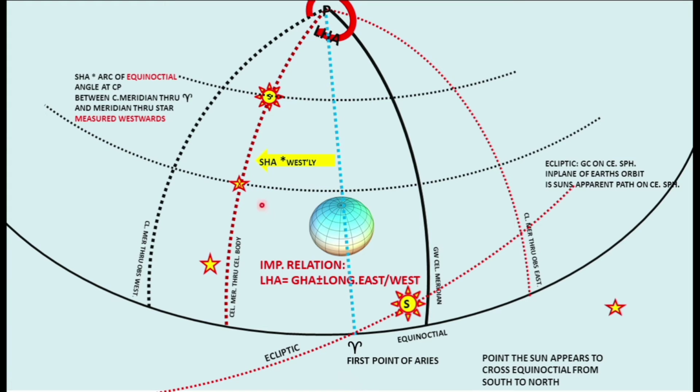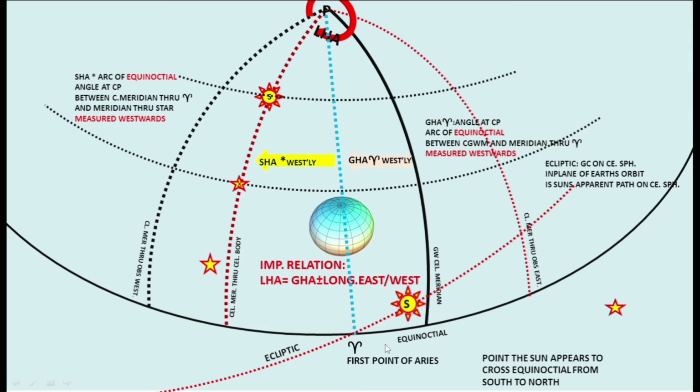The third angle we talk about here is SHA, sidereal hour angle, again measured westerly between the meridian passing through Aries and the celestial meridian passing through the celestial body. GHA Aries is the GHA from Greenwich to Aries, measured westwards, the angle at the poles or arc of the equinoctial.